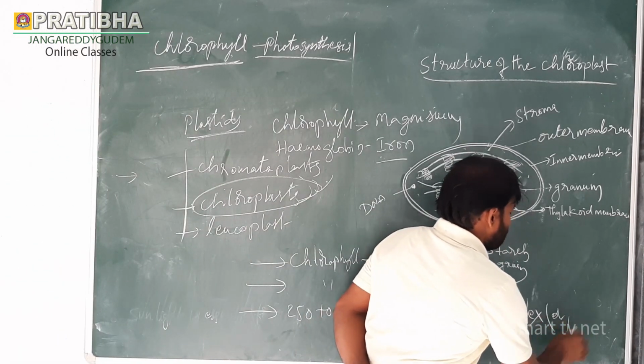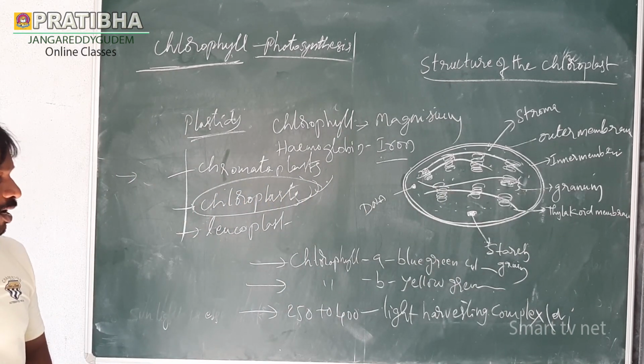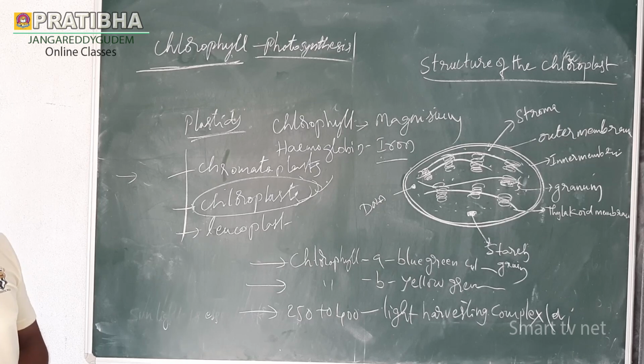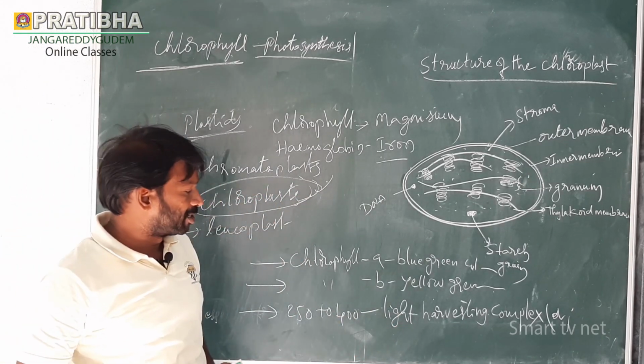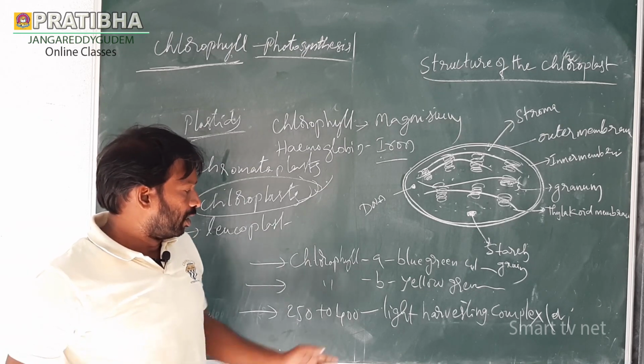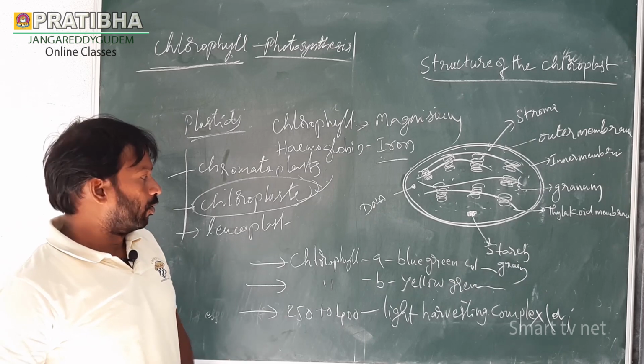In examinations, if they ask what the light harvesting complex is, we have to say: 250 to 400 chlorophyll pigments grouped form the light harvesting complex or photosynthetic units.